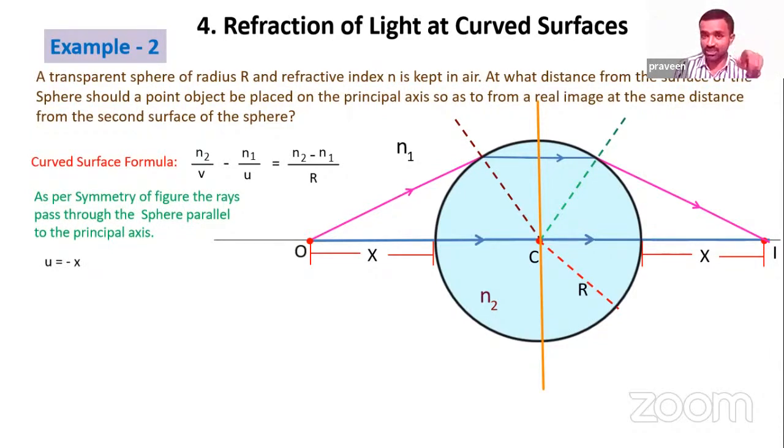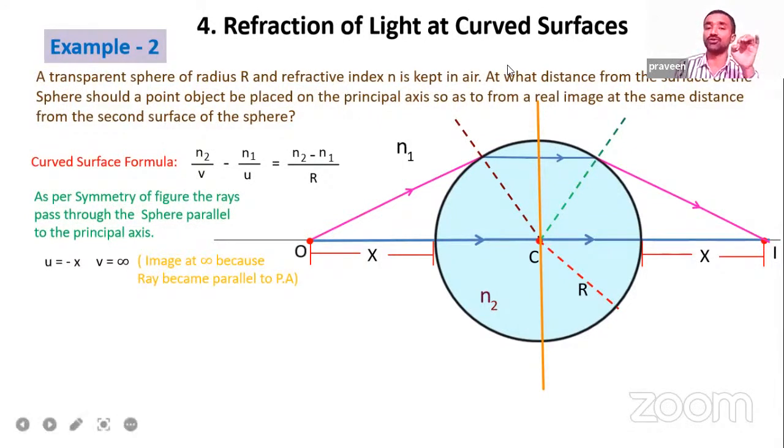Next, the image distance will be taken as infinity because the light rays after refraction became parallel to the principal axis. Then what about the refractive indices? We know n1 and n2. n1 is the refractive index of air, so let's consider that value as 1, and n2 is n.